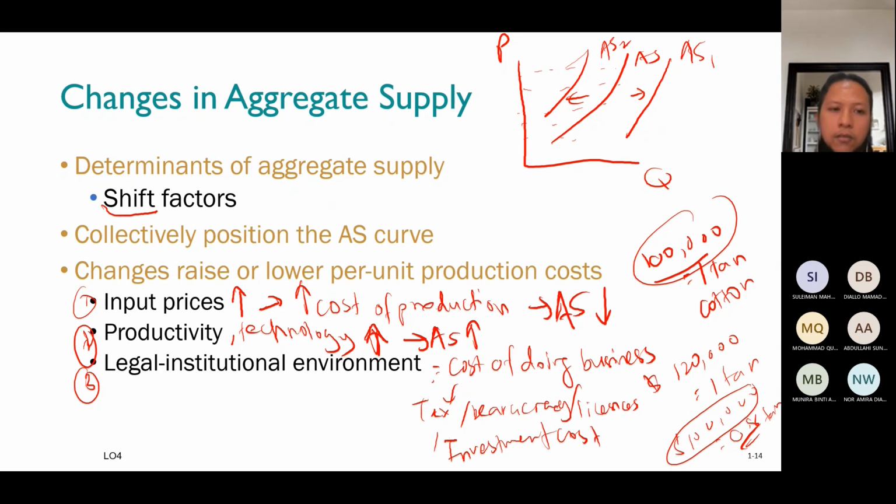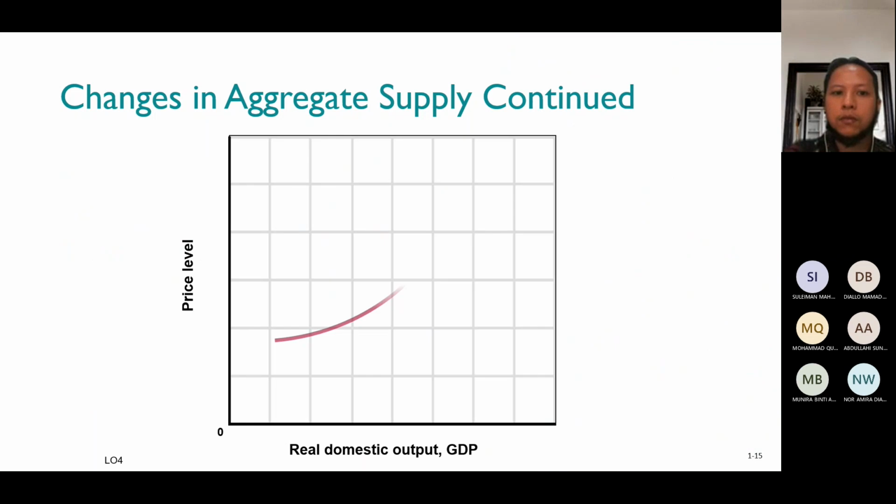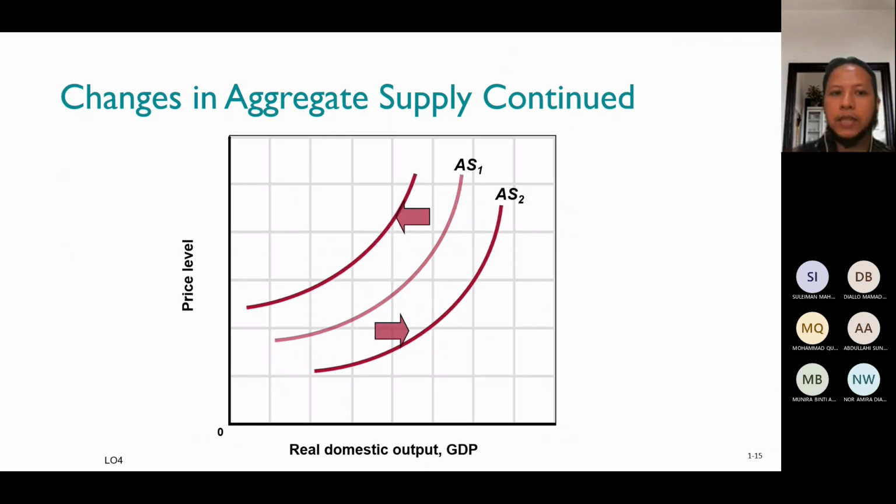So these are related to the legal and institutional environment, and the regulatory costs. Okay, so the more friendly this environment, the more the aggregate supply. The more businesses will produce goods and services in the economy. So as you see, it can shift to the left or shift to the right, depending on the factors.